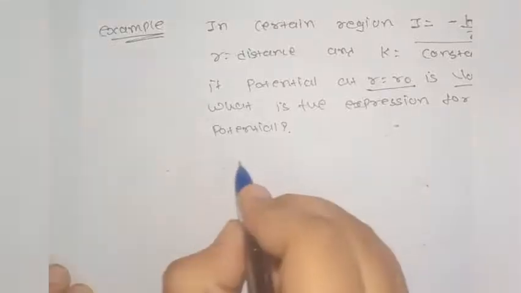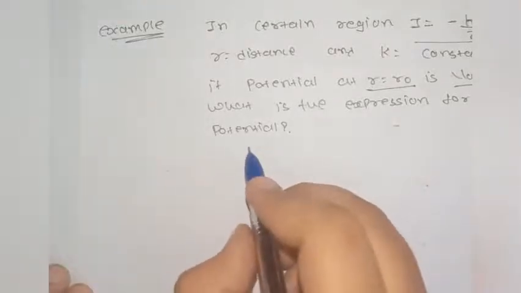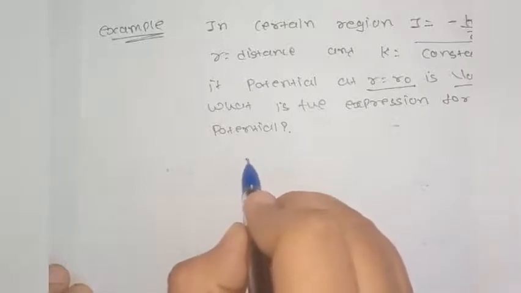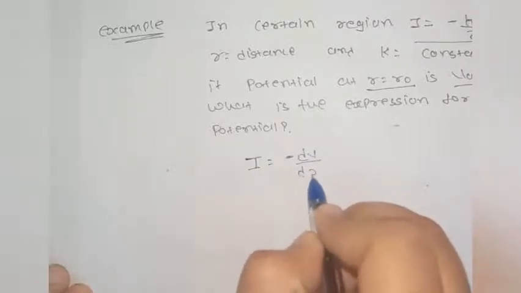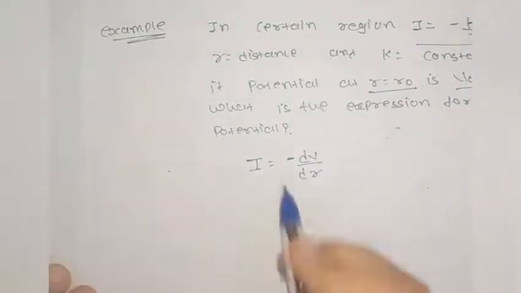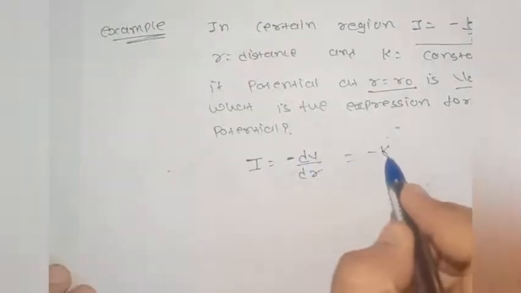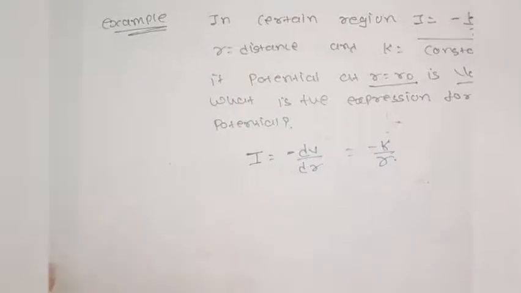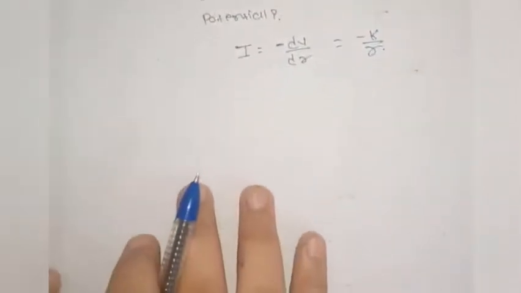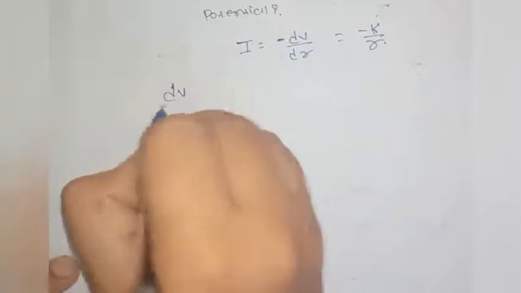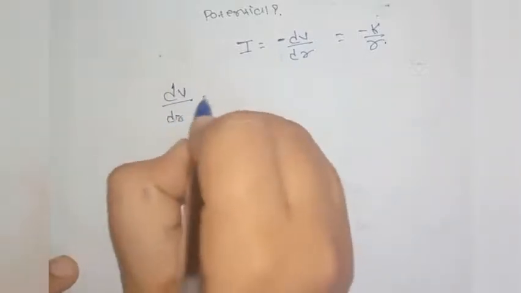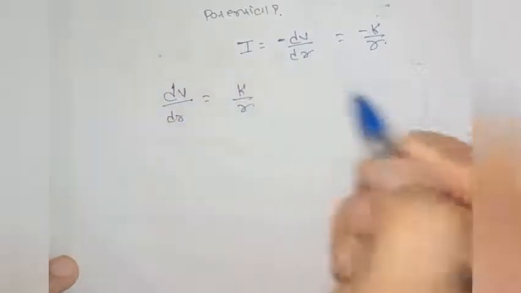The relation between gravitational field and potential is given by I equals minus dV by dr, and I is given as minus k by r. So we can write dV by dr is equal to k by r.